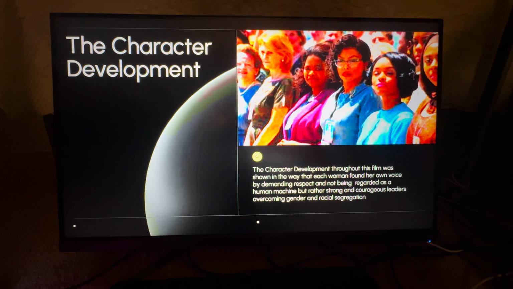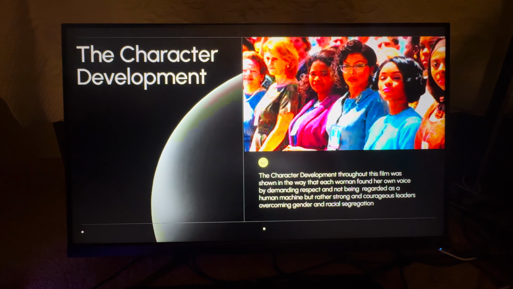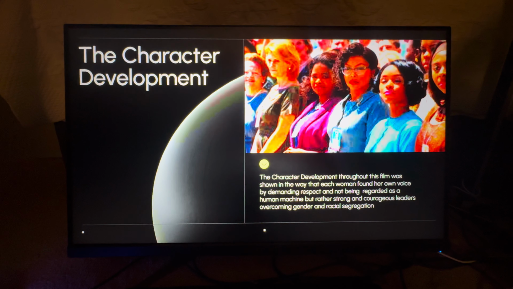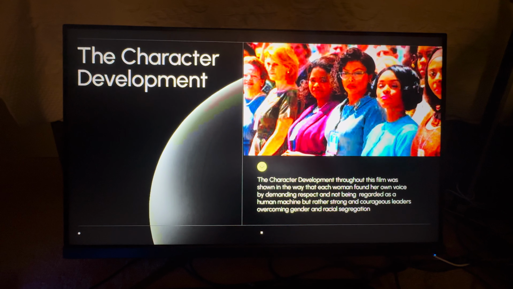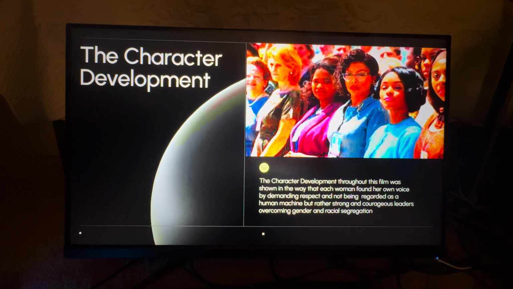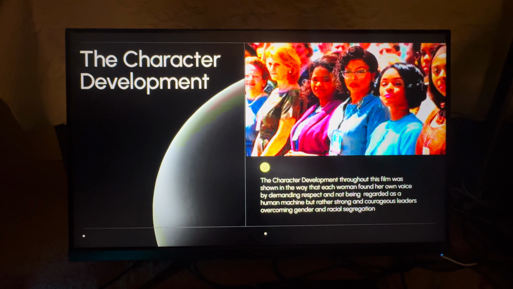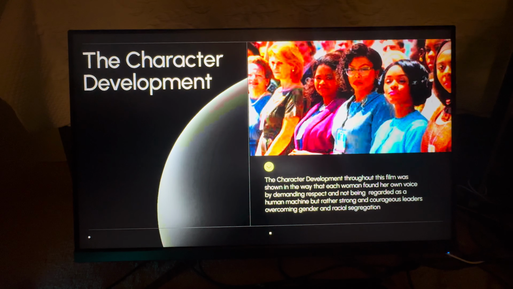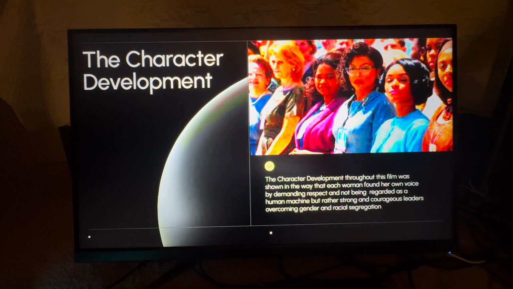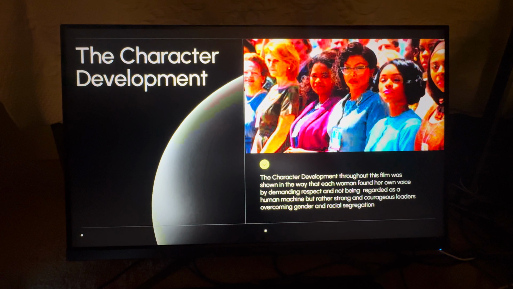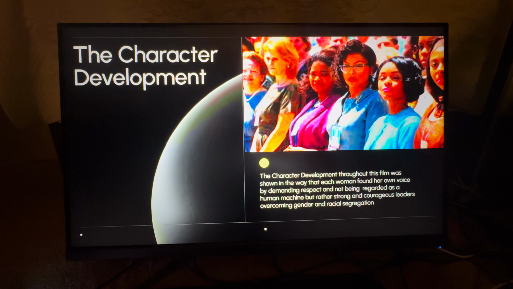Watching these amazing women step up, get out of their comfort zone, stand up for themselves and refuse to take this discrimination for either gender or race is truly inspiring.